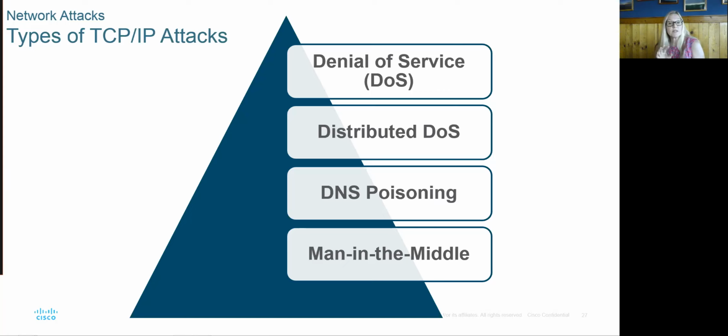Then we've got distributed DoS, or distributed denial of service, and that's when we have a whole army of bots that are going to amplify that DDoS attack using lots of infected hosts called zombies. And then that's going to overwhelm a target. Dyn DNS was one of the largest, most potent DDoS attacks ever.